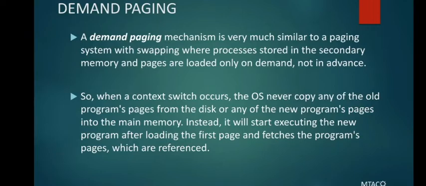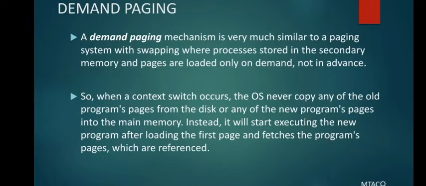So in a context switch, the OS never copies the old program's pages from the disk or any of the new program's pages into the main memory. Instead, it will start executing the new program after loading the first page and fetches the program pages which are referenced.